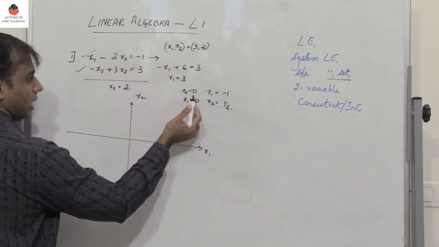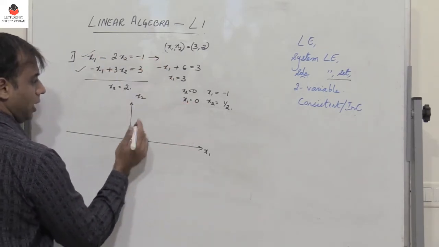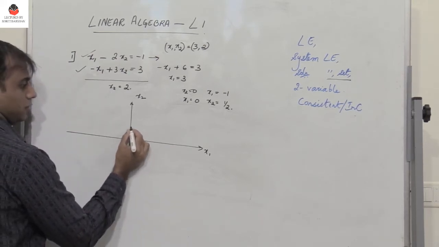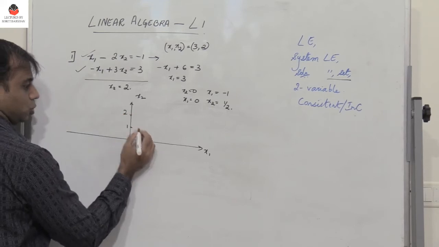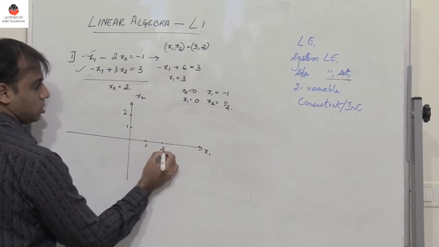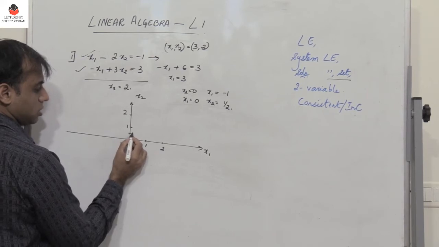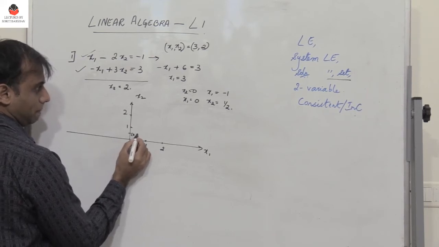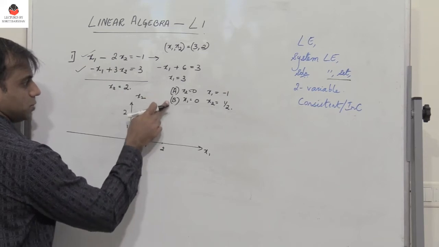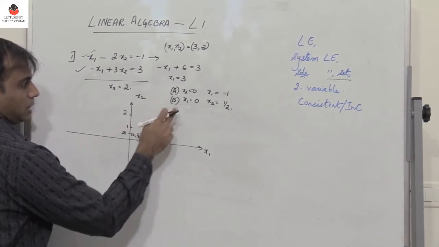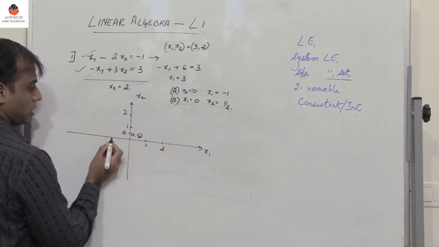So therefore, I have x1 is 0, x2 is half. So if this is 1, 2, here I have 1, 2. So x1 is 0, x2 is half. This is point B here. And next, x2 is 0, x1 is minus 1.